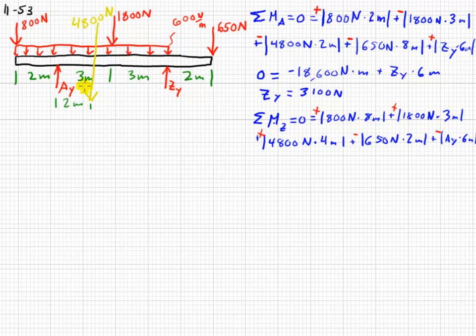So we put a minus sign there. So we've got 0 equals 29,700 Newton meters minus AY times 6 meters. And AY ends up 4,950 newtons.